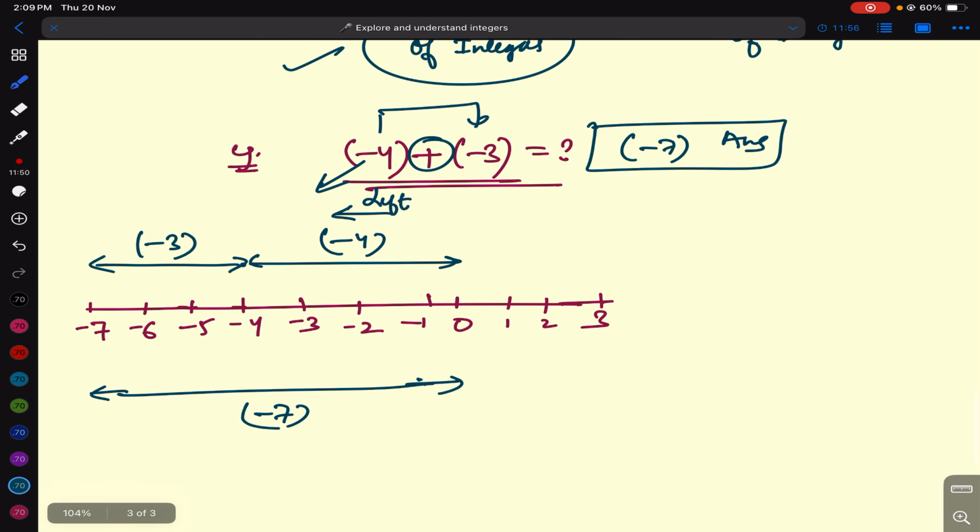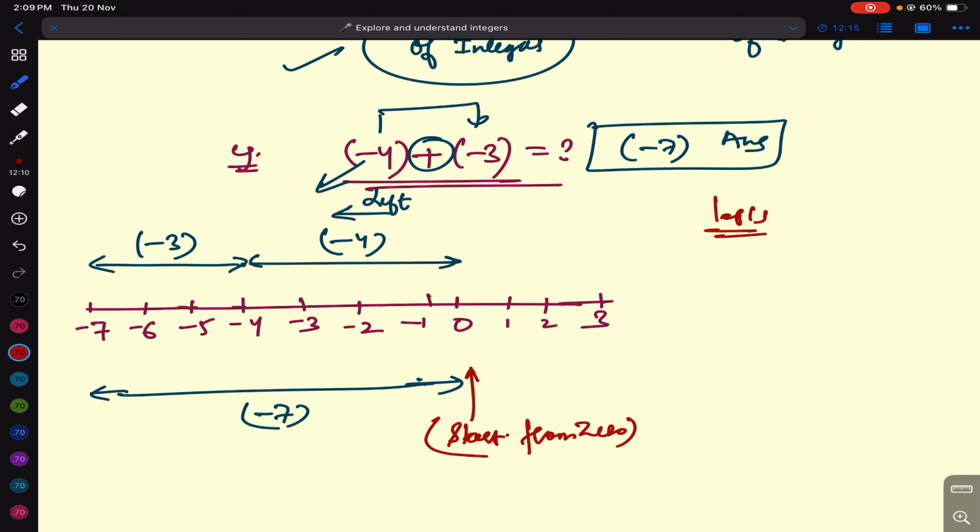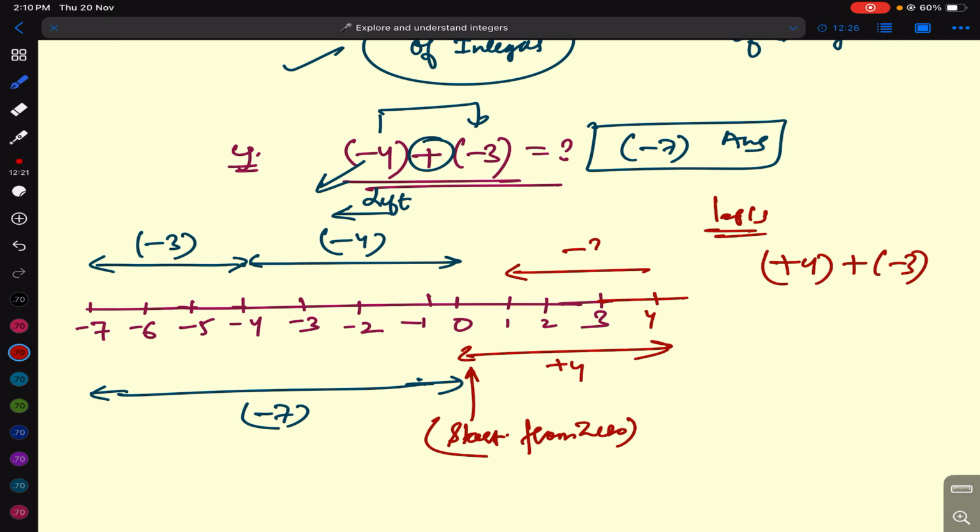Okay, so one thing you have to remember here is we start from 0 always. Now if it is a negative, we move to the left. If it is a positive, let's suppose it was +4 plus -3, in that case we would have moved +4 here and then -3 here.